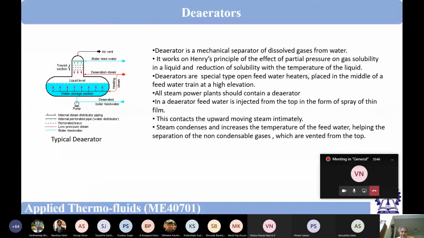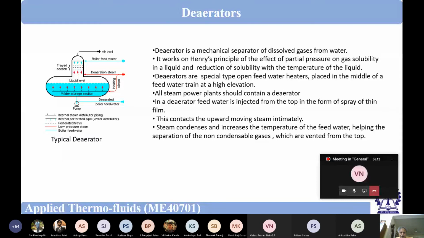Here we find one deaerator. A deaerator is basically a separator of dissolved gases from water. Now, a separator could work in different ways. We could have some sort of chemical agent, and all these dissolved gases could be chemically reacted and separated. That could be, but we use a mechanical separator.